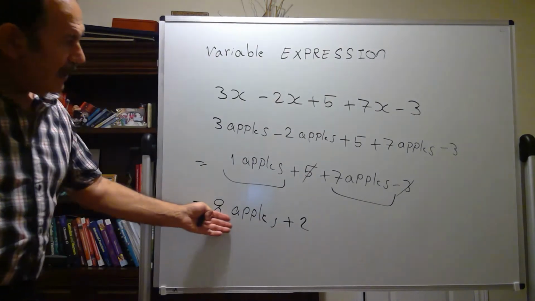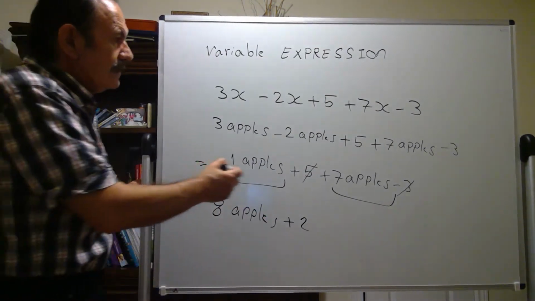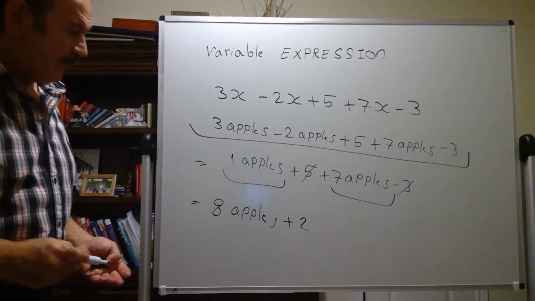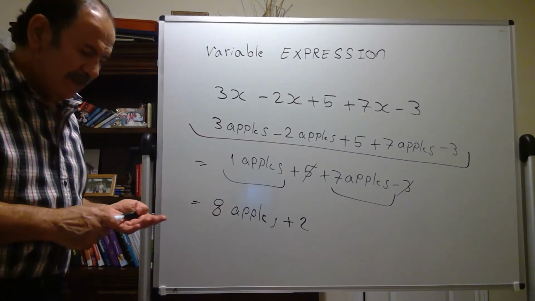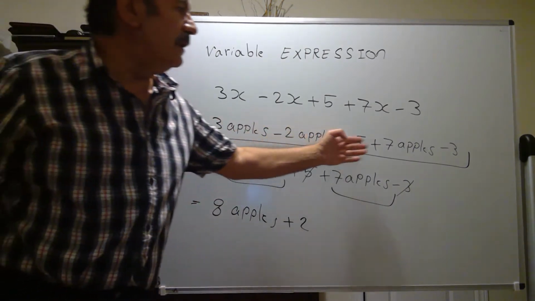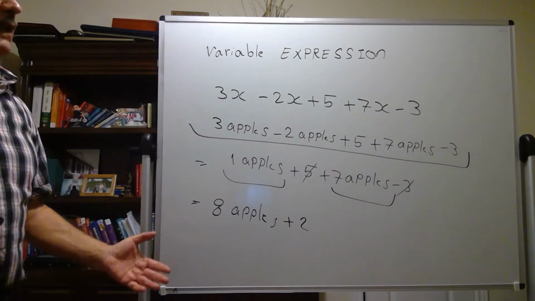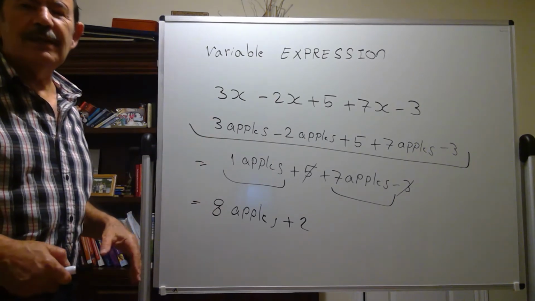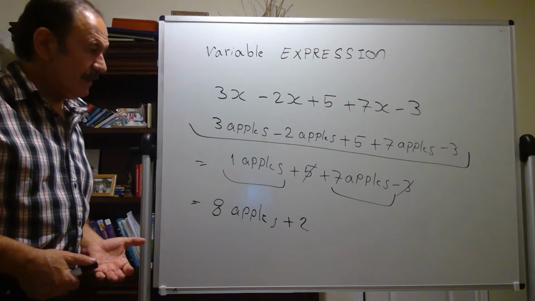So this 8 apples plus 2 is the simplified form of this expression. As you see, the simplified form has only 2 terms, but the original one has 1, 2, 3, 4, 5 terms. This action that we are doing, we call it simplifying the variable expression.